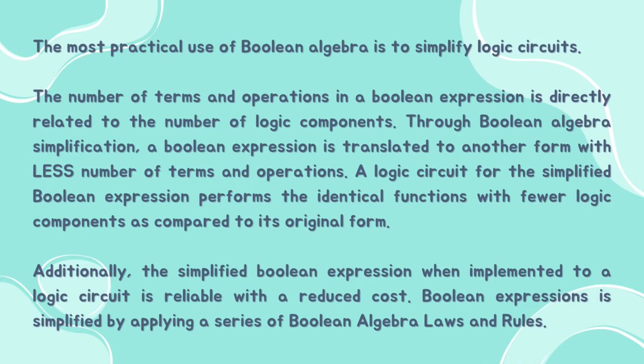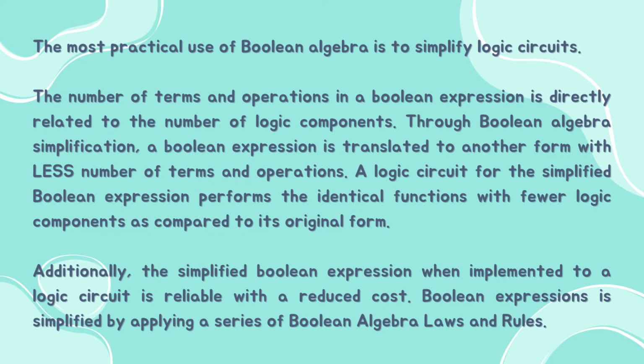Simplifying logic expression using Boolean identity. The most practical use of Boolean algebra is to simplify the logic circuits. The number of terms and operations in a Boolean expression is directly related to the number of logic components. Through Boolean algebra simplification, a Boolean expression is translated to another form with fewer terms and operations.